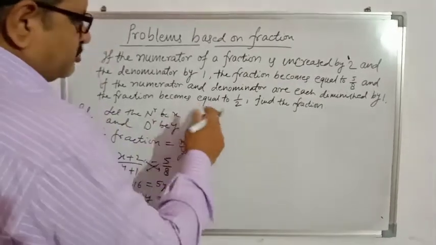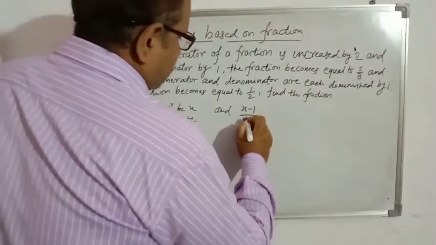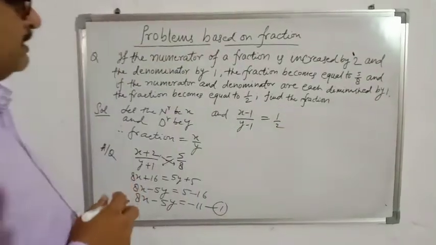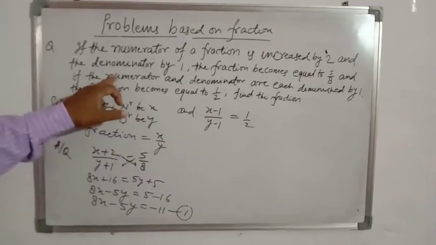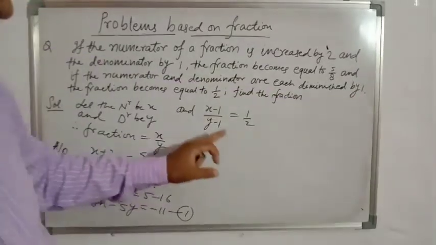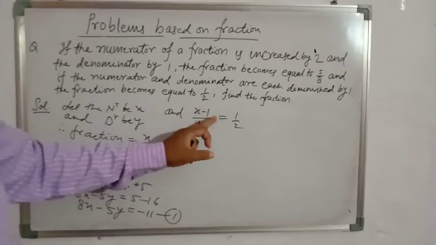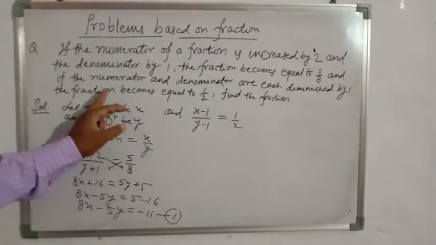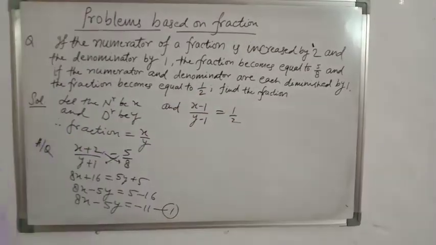So according to the next statement, we can write x minus 1 upon y minus 1 is equal to 1 by 2. Listen again, why x minus 1, y minus 1? Because it is given in the question, numerator and denominator are each diminished by 1. So it will be x minus 1. When we subtract 1 from the numerator, x minus 1, and from the denominator, it will become y minus 1. The fraction becomes 1 by 2. So this new fraction is equal to 1 by 2.